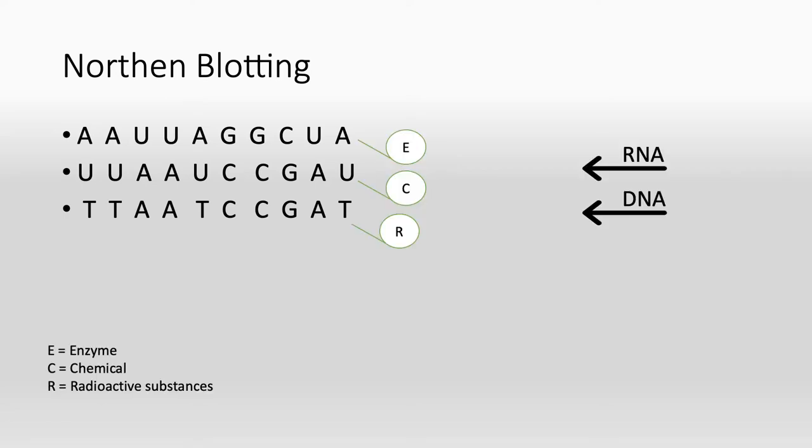Now, if we attach to this probe a radioactive label, or any sort of chemical or enzyme molecule which gives us light, then after the reaction, we can accurately identify the position of the target RNA in the mixture of RNA while we separate it on the gel.